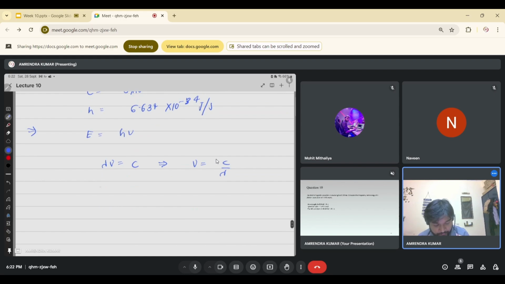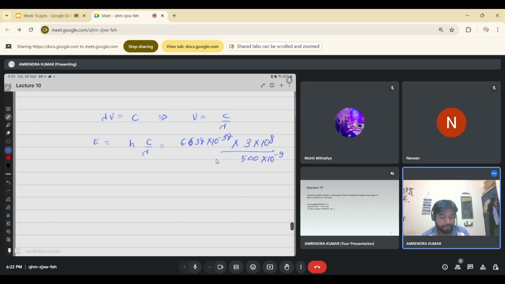So the energy will be h c by lambda, and h is 6.634 times 10 to the power minus 34, c is 3 times 10 to the power 8, and lambda is 500 times 10 to the power minus 9 meter.